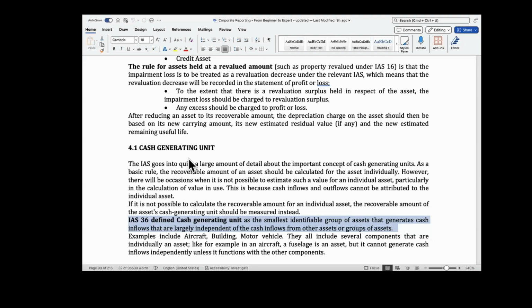When goodwill is involved, it is a business you are actually talking about. So we believe goodwill will have been the cause of why our business is suffering impairment, because impairment loss means a permanent diminution in value.